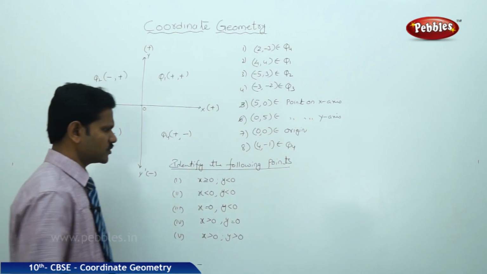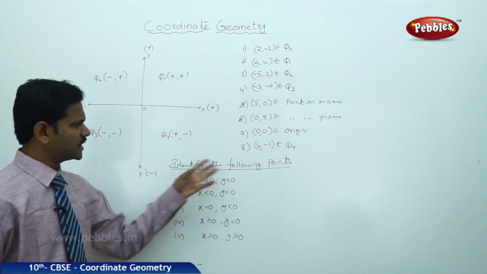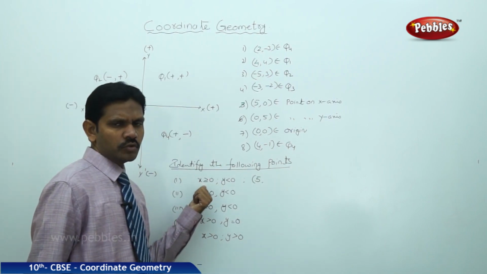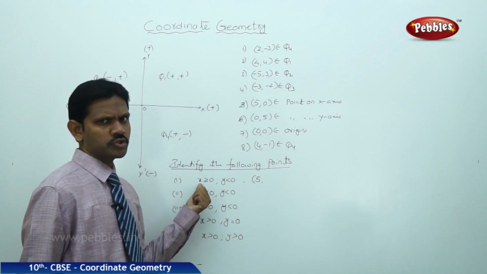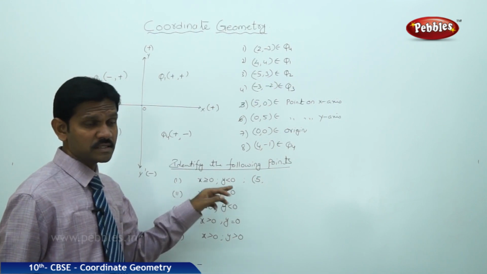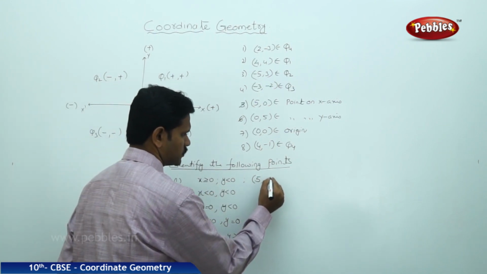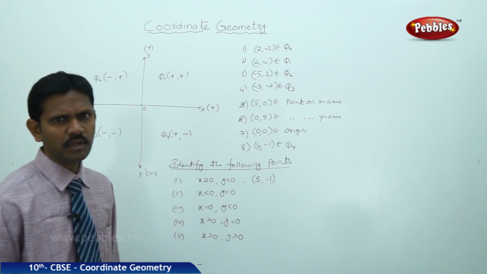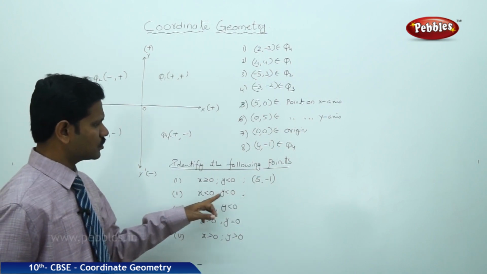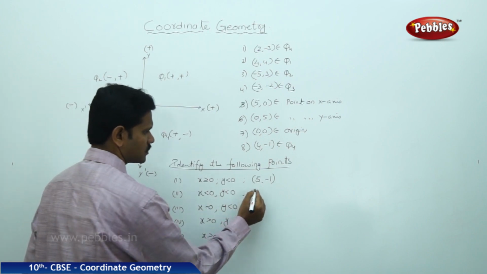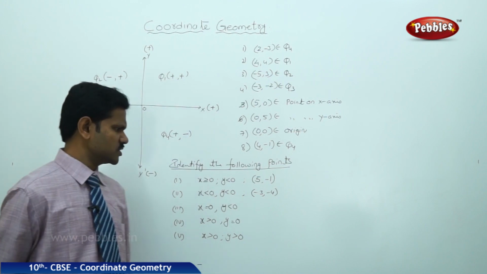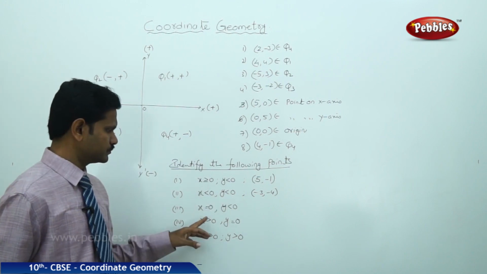Now, let us observe this. Identify the following points. x greater than 0 means some positive number. You can take any positive number in place of x. y less than 0 means it is negative. You can take any negative number. Come to the second one, x less than 0, y less than 0, that is minus 3, minus 4. You can take any negative numbers.